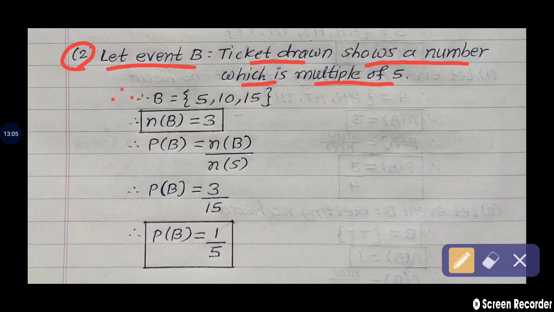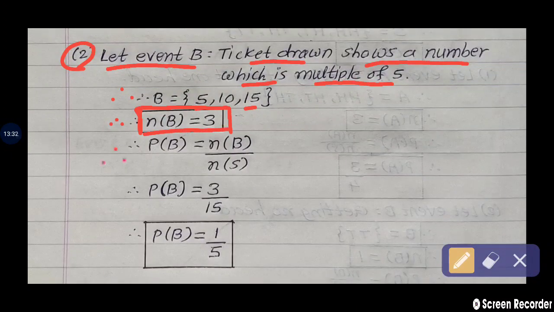Therefore, event B is equal to {5, 10, 15}: 5 ones are 5, 5 twos are 10, 5 threes are 15. From 1 to 15, these three numbers are multiples of 5. In event B, how many sample points? Only 3 numbers. So n(B) = 3.